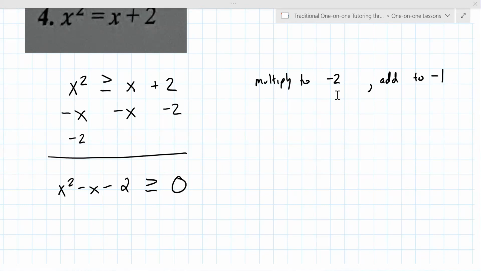Think about two numbers that multiply to -2, like 1 and -2.